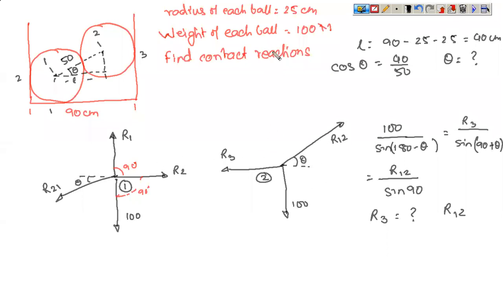Now if you come here, theta is known here also. Again you have three unknowns, R1, R2 and R21. So you need to write one statement here. For stability of the system, R12 will be equal to R21.